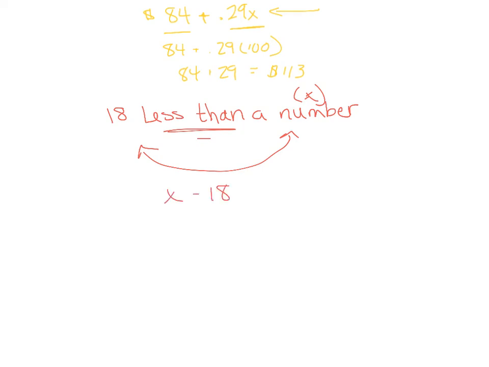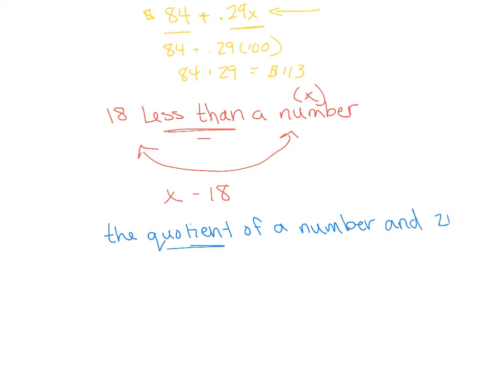Okay? The next one is the quotient of a number and 21. Okay, quotient means to divide, and you're going to write these right in order.